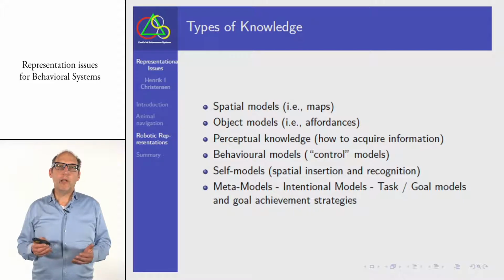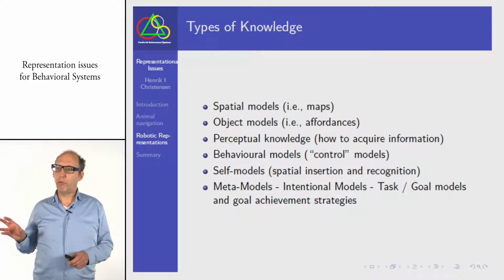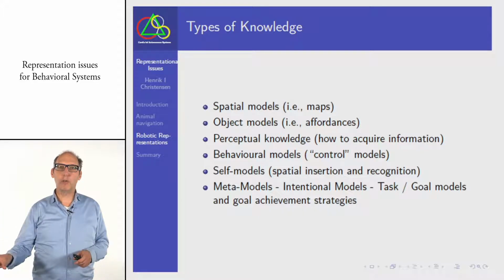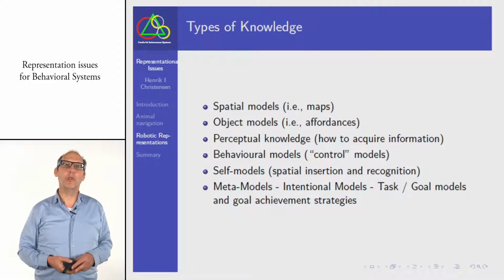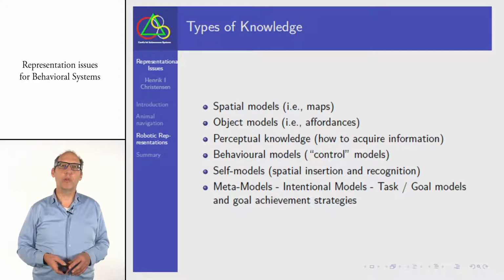So you see already that the object model is directly coupled with perceptual knowledge of how to grab such a cup. First you have to know that you have to advance to that cup, and then, if you're close by, how to close your hand, your gripper, to grasp it. So the object model and the perceptual model can be really tightly coupled.